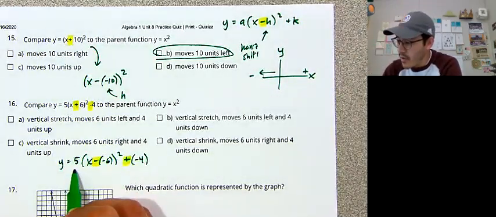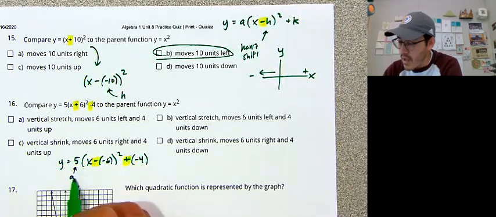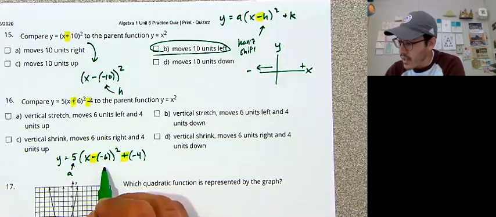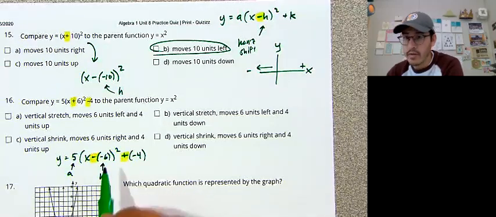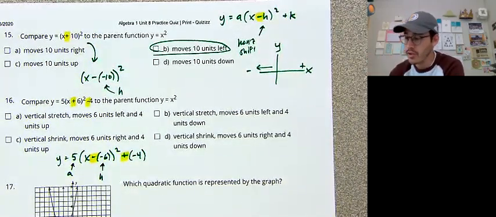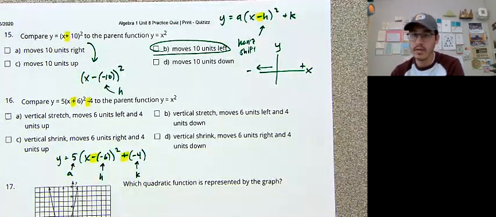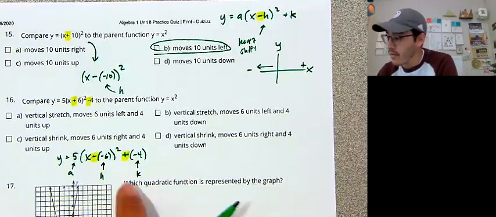So this is our a value, the stretch or shrink factor. This is our h value, the horizontal shift number. And then this is the k value, the vertical shift value.